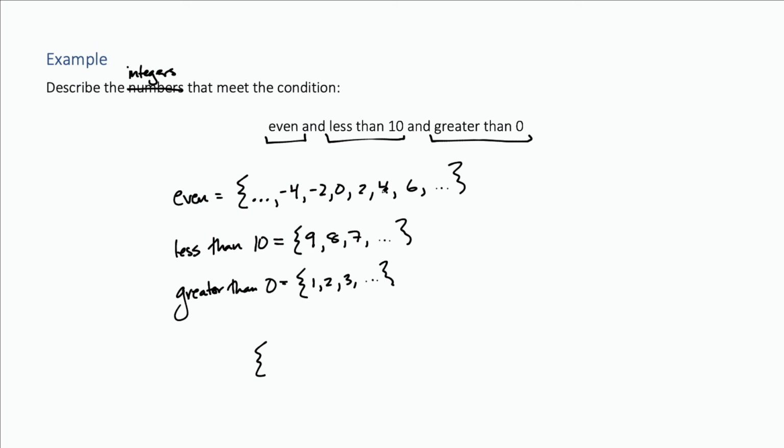I can only look at things greater than 0, so starting at 2, I get 2, 4, 6, and I can keep going. However, I also have the condition less than 10, so I'm not allowed to go to the next even number, which is 10. And so this here is the set described by this statement or condition.